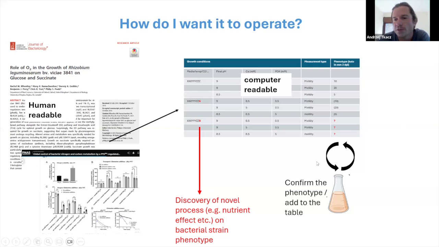Some things will probably have to be confirmed in the lab again if some phenotype is very problematic. Some things may be obviously missing or obviously wrong. You know, we're dealing with more than 50 years of literature, and that could hopefully lead to the discovery of novel processes in bacterial strain phenotype. That's what I'm interested in, but it can actually lead to many other things.